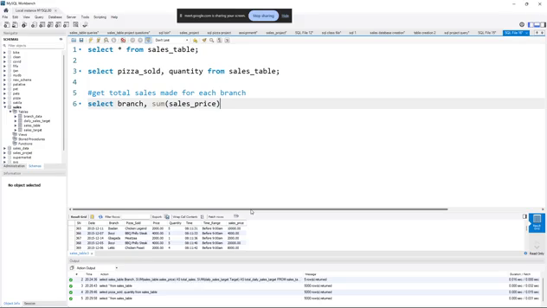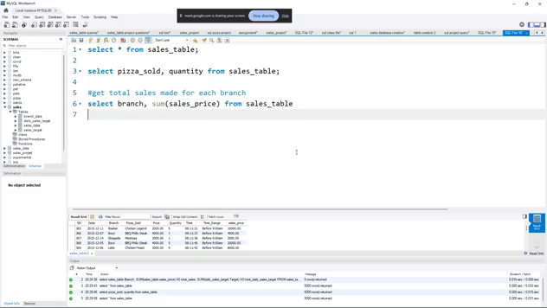Where am I taking it from? That's the next thing. After selecting what you want, which is why I said the arrangement is very, very important, you tell us where you are taking your data from. The name of this table is the sales table.